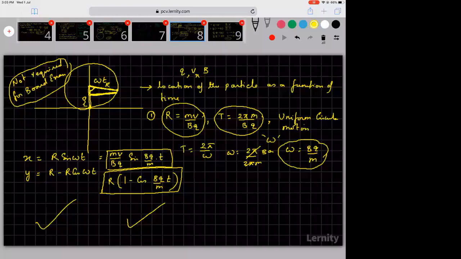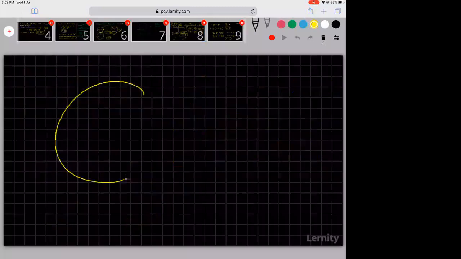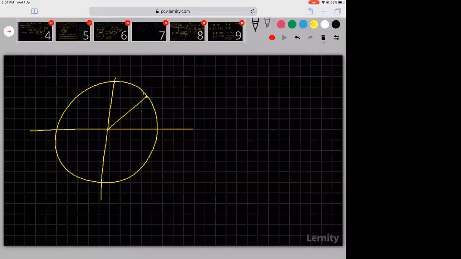First understand this. I am talking about radius, about circular motion. Here is the circular motion. This is the center, and this is the circle.